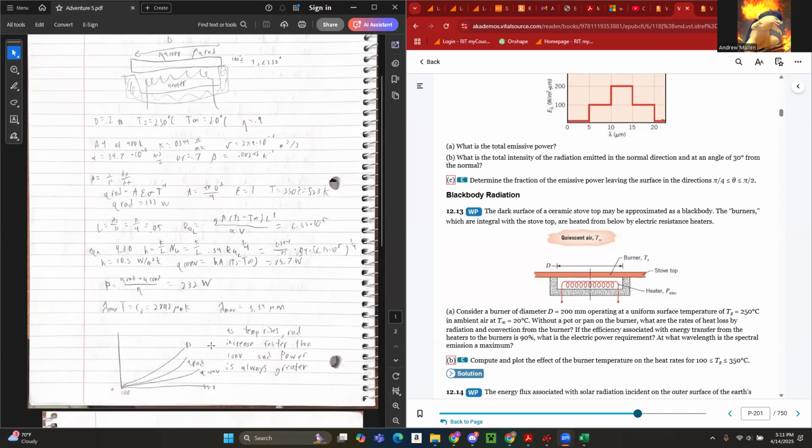For example, as we calculated, radiation is where we're losing the most heat in this instance, which makes sense because to calculate that, we're using temperature to the power of 4, which means that when temperature increases, it will increase at a much greater rate than convection.